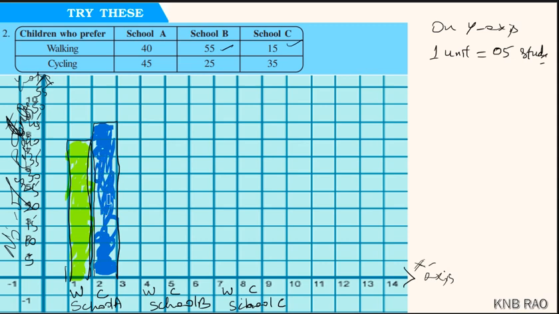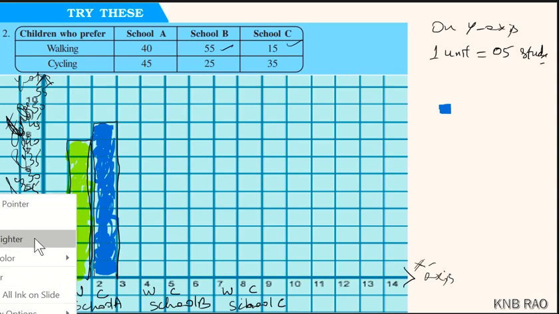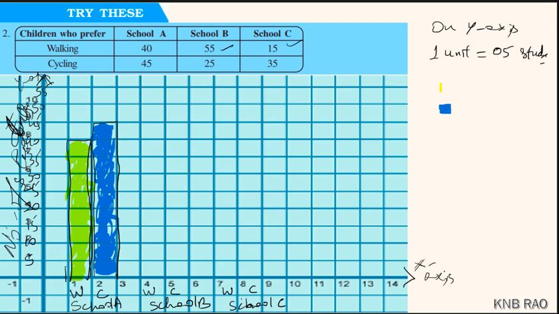So we can plot a double graph by showing different colors. Apart from the scale, I can mention what this blue represents and what this yellow represents.